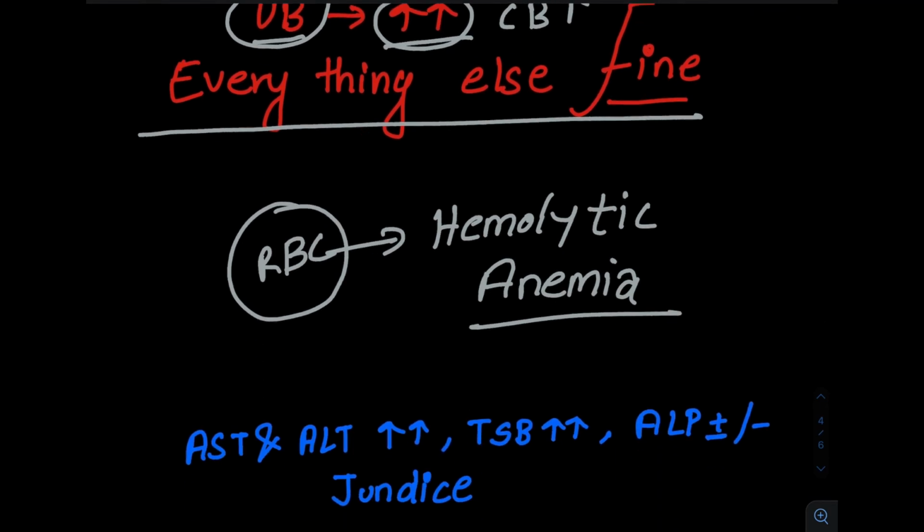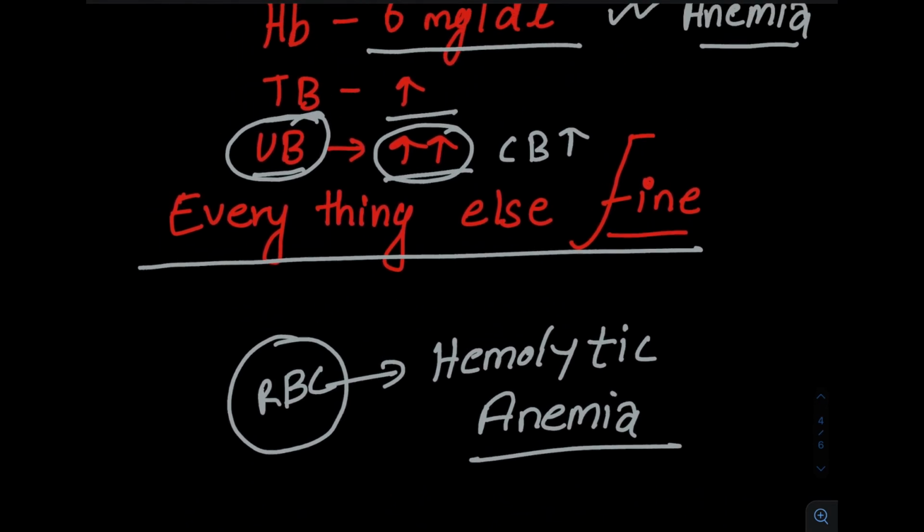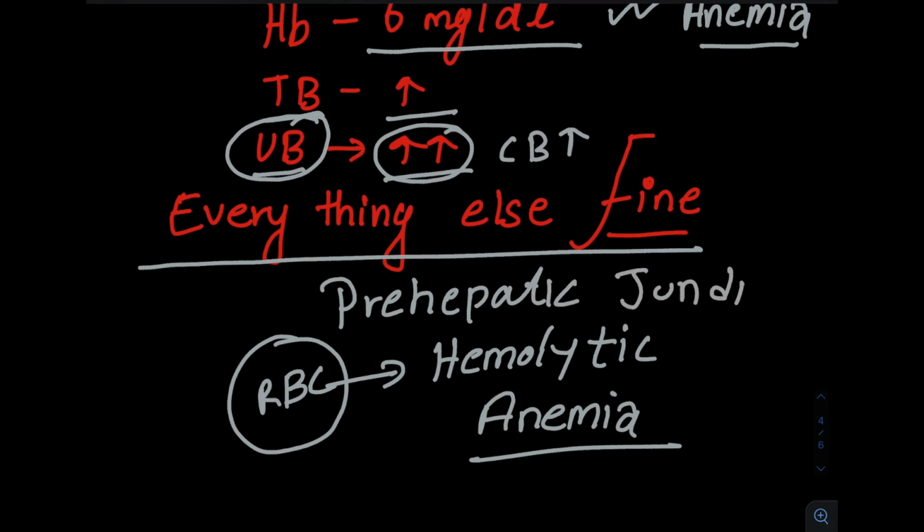This is also known as pre-hepatic jaundice. Pre-hepatic because the cause of jaundice is in the blood cell. Hemolysis of the blood cell is the cause of jaundice.